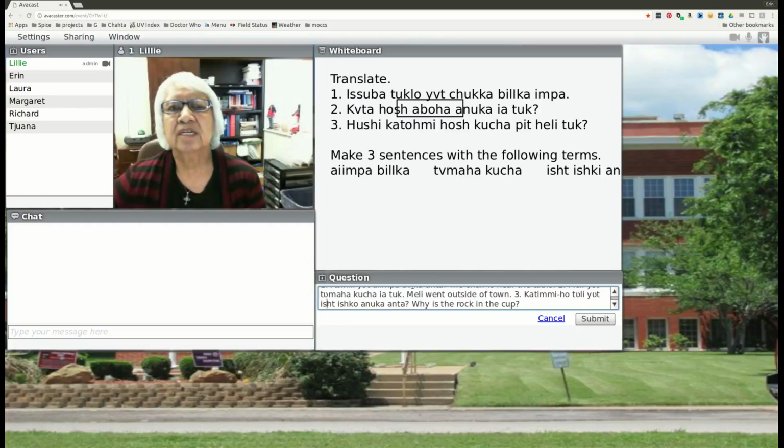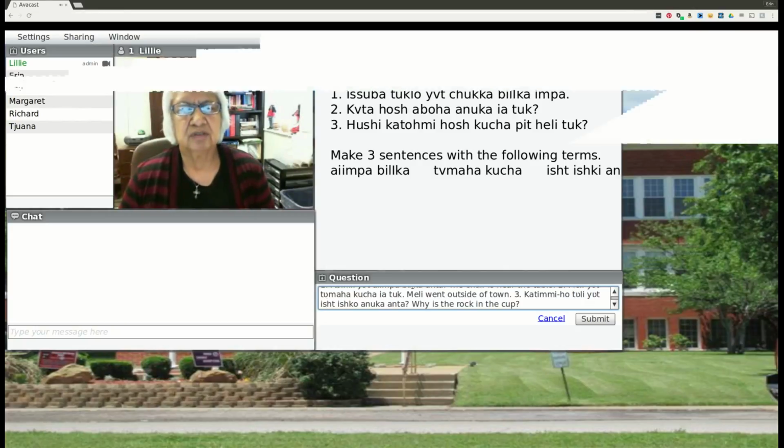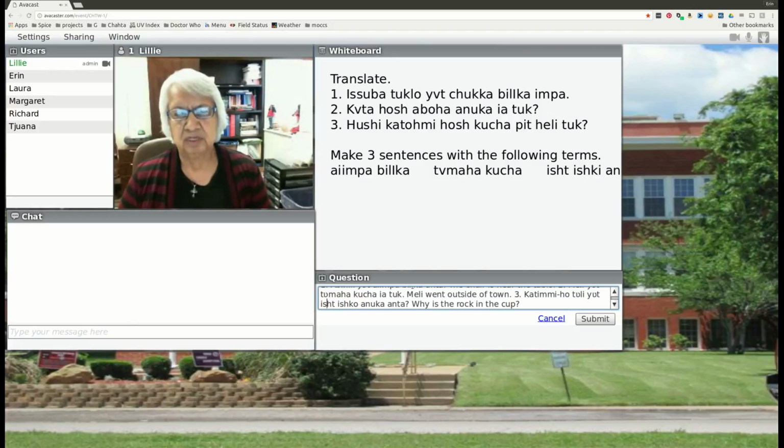Anoka means in or inside, into. Katahosh abuha anoka iatok. And if you took this phrase out, katahosh iatok. But you have the phrase abuha anoka. Katahosh abuha anoka iatok. Who went in the room?